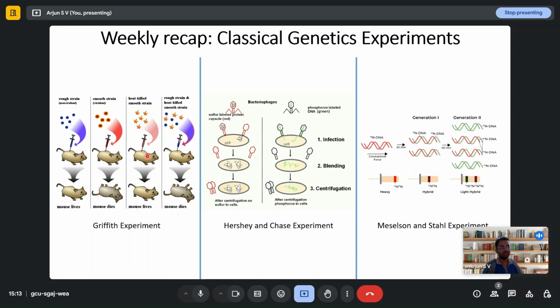And they observed that when the heat-killed smooth strain and the rough strain were injected simultaneously, the mice died.